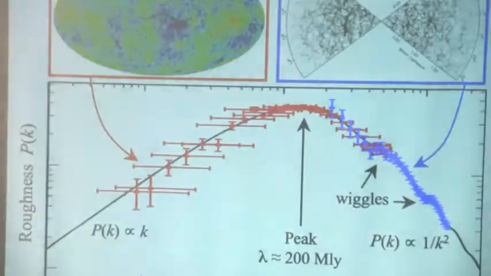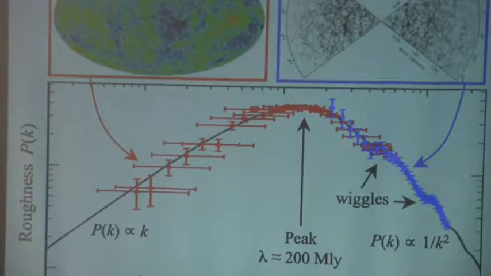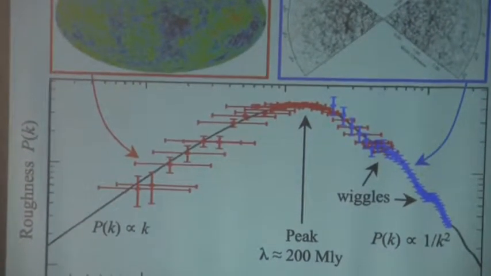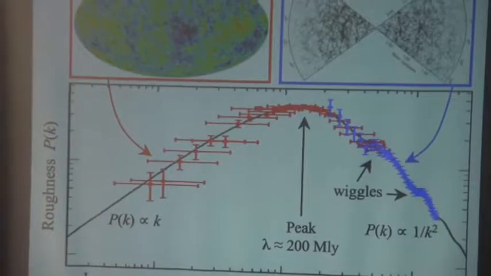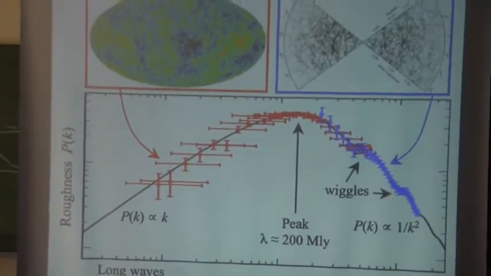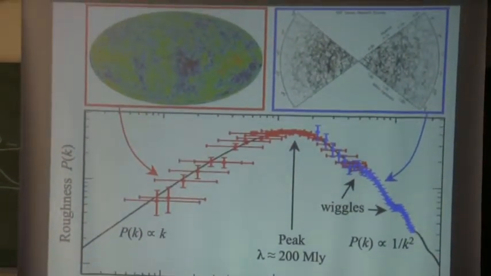So this is what we observe from the CMB. Notice the tiny extent to which we know our universe. Right in the center is the Laniakea supercluster.